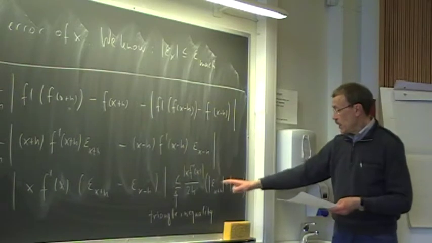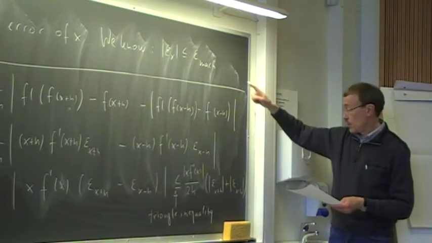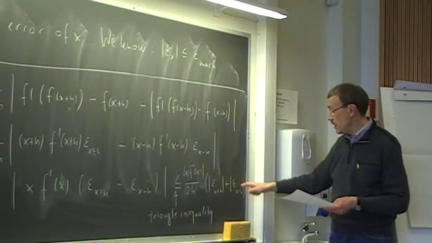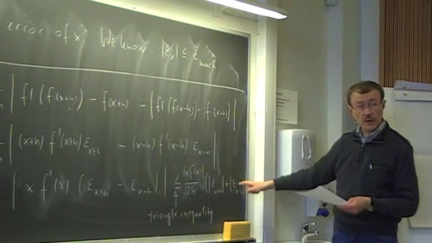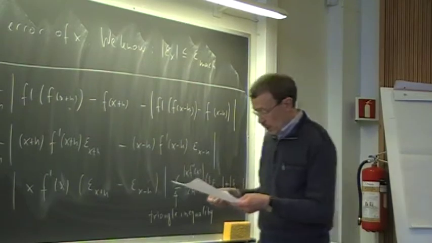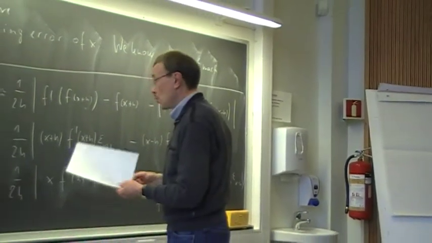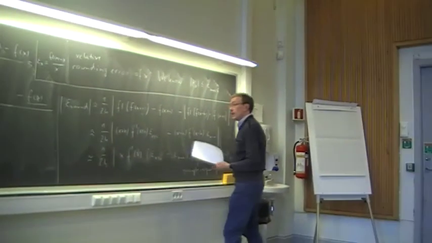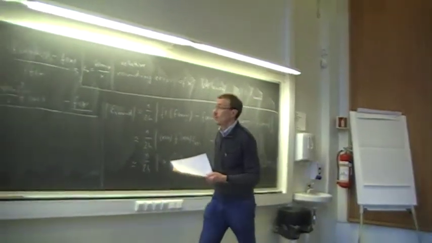In any case, we can estimate those with machine epsilon, so we can estimate these two here together by 2 times machine epsilon. So from that, we get the following estimate.